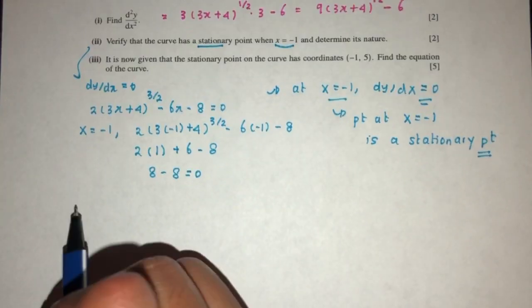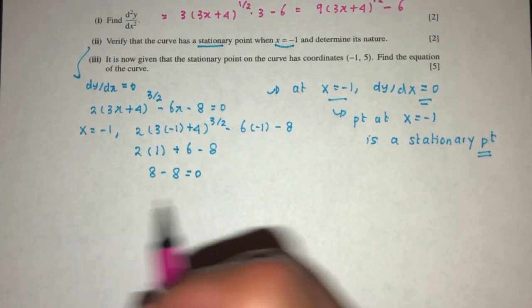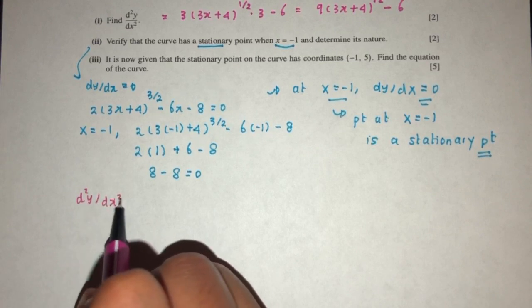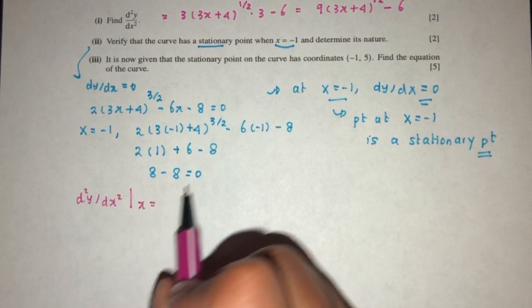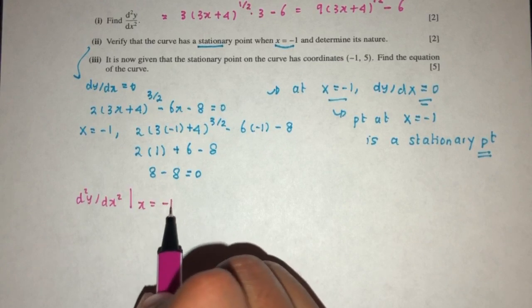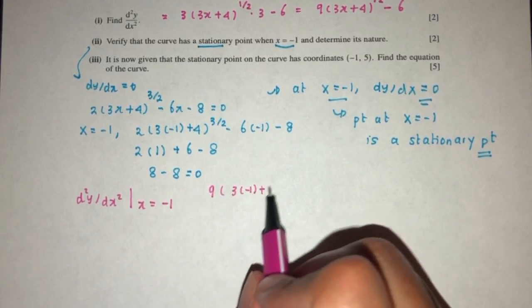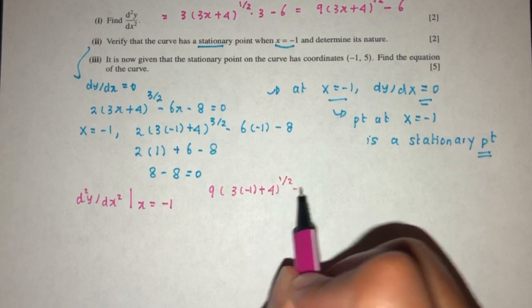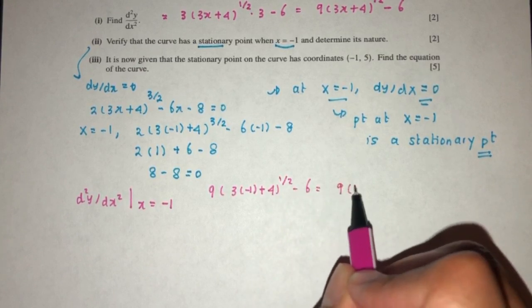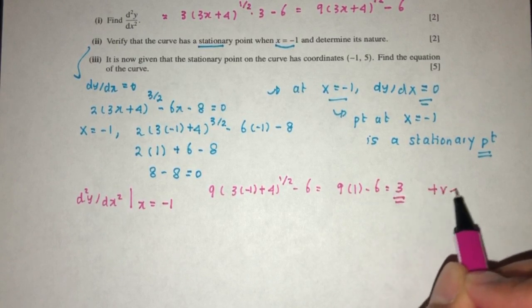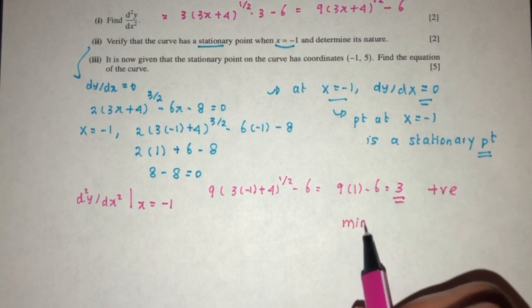To find the nature, we have to look at d2y by dx2. So d2y by dx2 at the value of x equal to minus 1. That will be what? 9, 3 times minus 1 plus 4, power half, minus 6. That should be 9 times 1 minus 6. That should be 3. If it is a positive value, it means it is a minimum point.